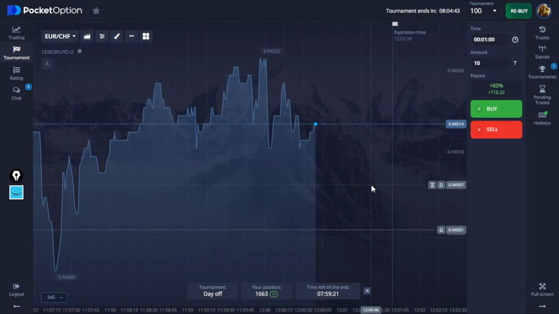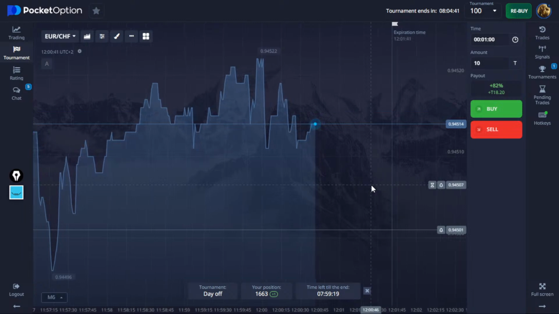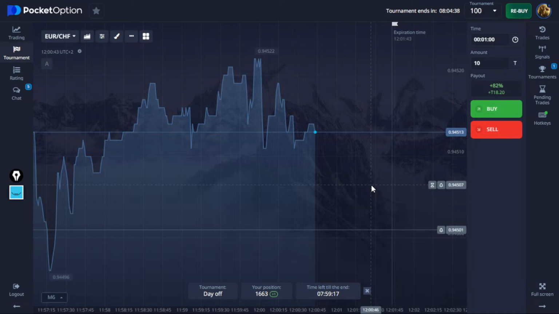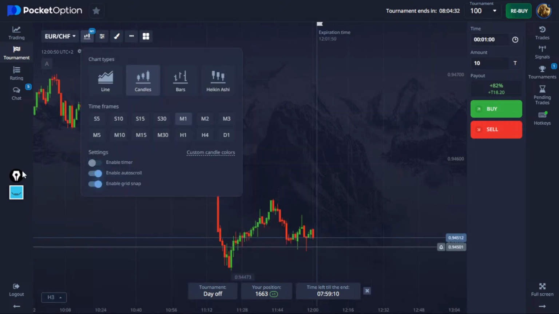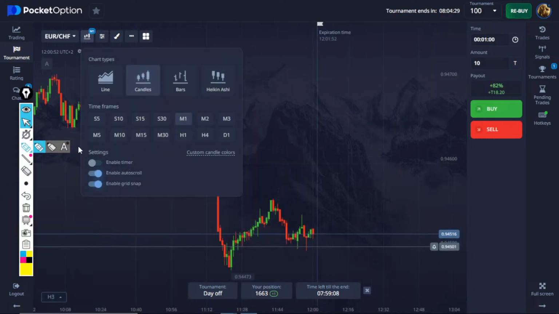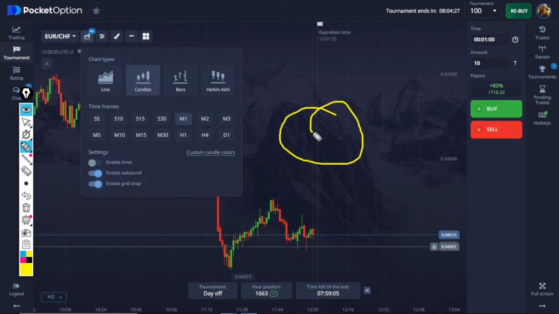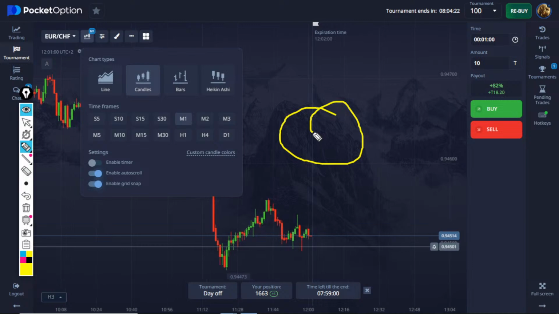Alright, so without further ado, let me start by setting up the chart. First, we need normal candles from over here. Let me check if you can see my pen. Do you see the pen?